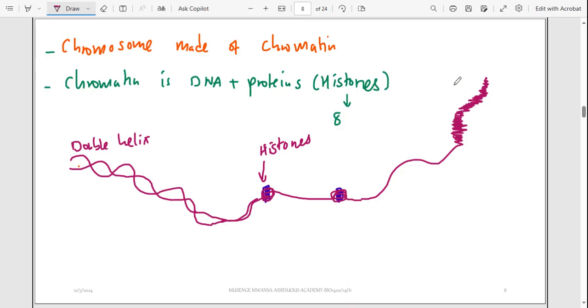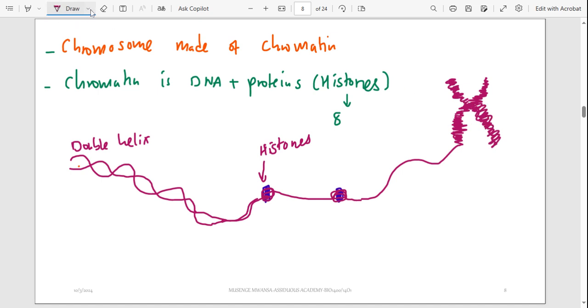And then it is condensing about itself, continuing to condense about itself. You see what it becomes. So that's how you are going to end up with this structure. And what are we calling this structure? This is what we call a chromosome. So that is how a chromosome is made.